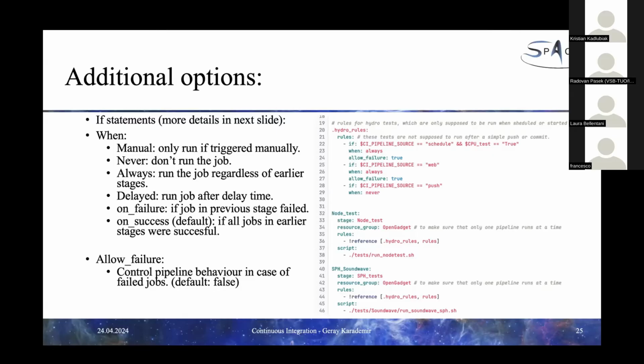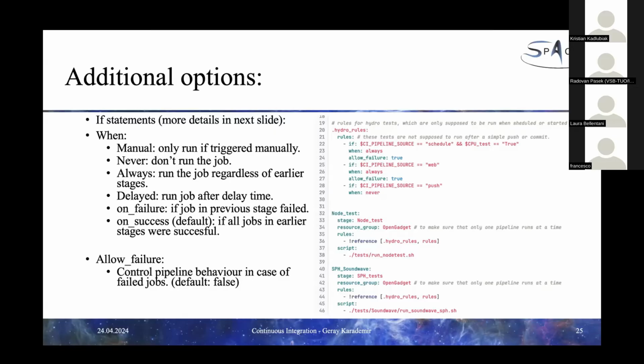You can also set a delay option. Or what's also very interesting is that maybe at some point you want to say it's on failure, so it only runs if a job in the previous stage failed, because that way you can have a look or do some additional analysis of that. So this gives you a lot of options on when to run certain jobs.